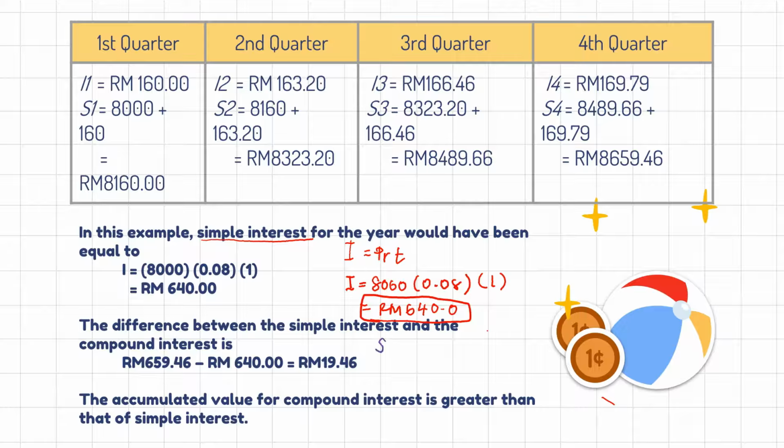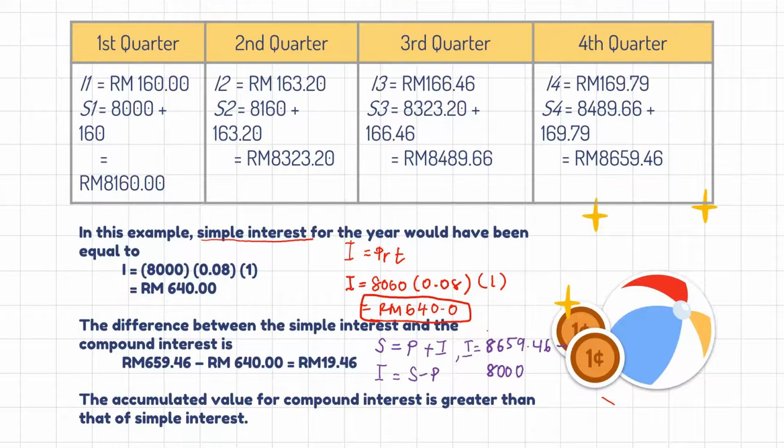We have the formula S equals to P plus I. So in order to get the value of I, for this example, we will have I is equals to S minus P. Therefore, I is equals to, our S is the final amount in the fourth quarter, which is 8,659 ringgit and 46 cents, S minus P. Our P is 8,000 ringgit.